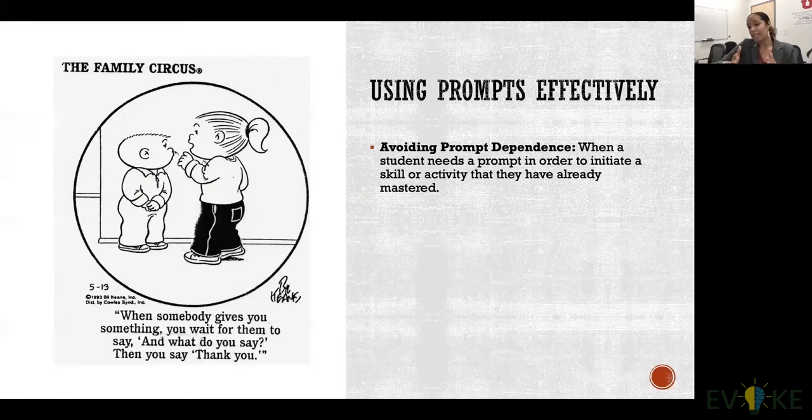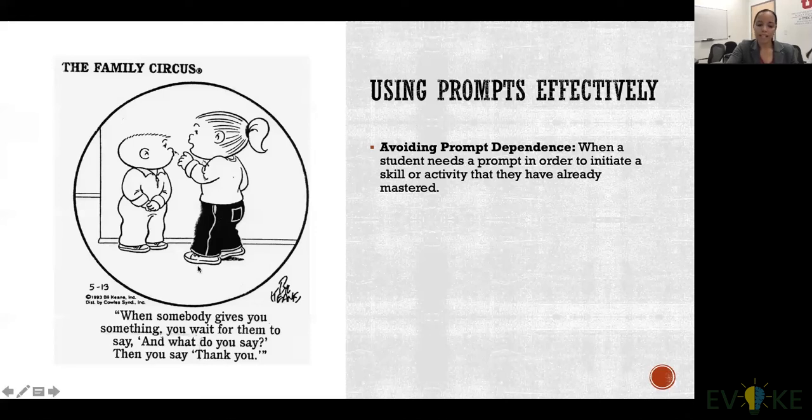So what's needed is to gradually fade away those prompts once the child is able to master the target behavior or the final skill, and obviously monitor the performance of the child to ensure that you're not providing too few prompts, where the child is then making errors, or too many prompts, where the child is then becoming too dependent upon these prompts.